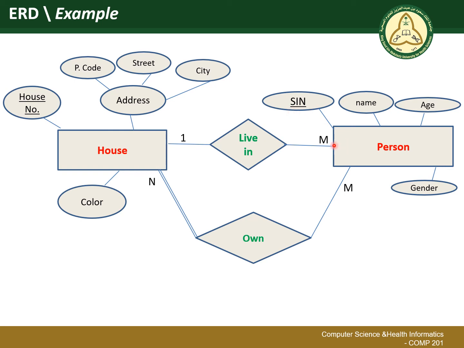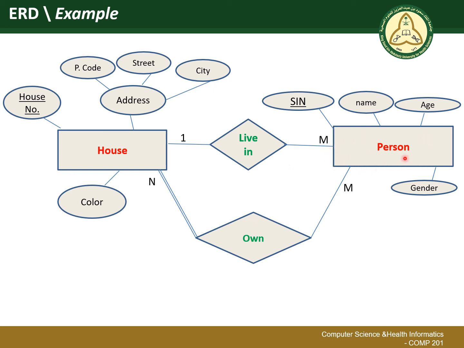The relationships between the house and the person are represented by verbs. So the first relationship is live in. At most one house: any person will live in at most one house.